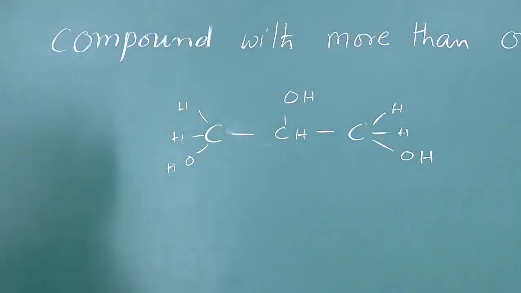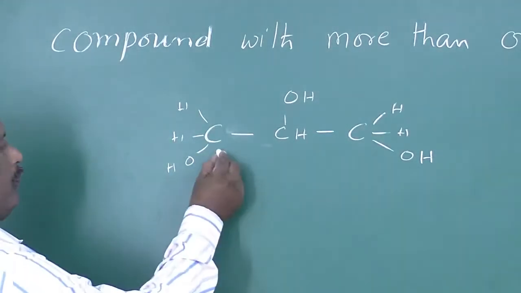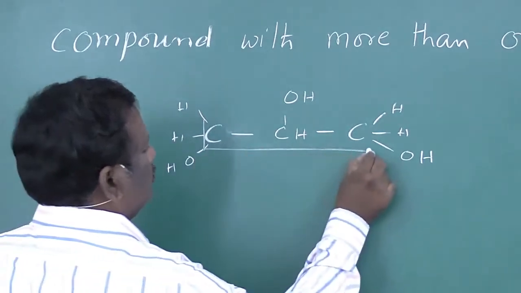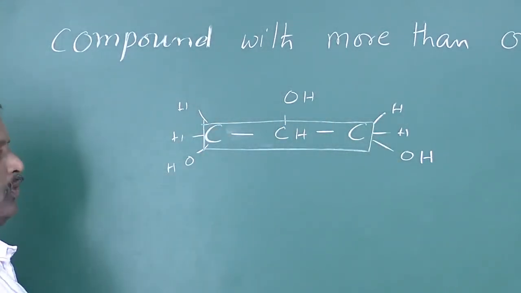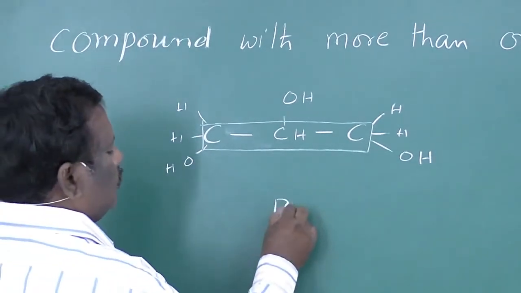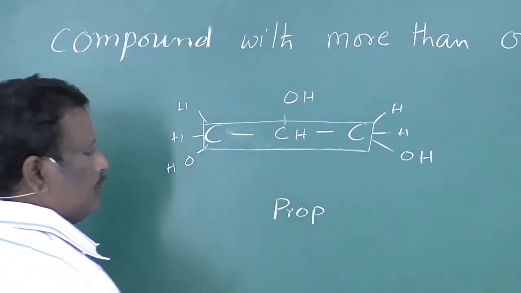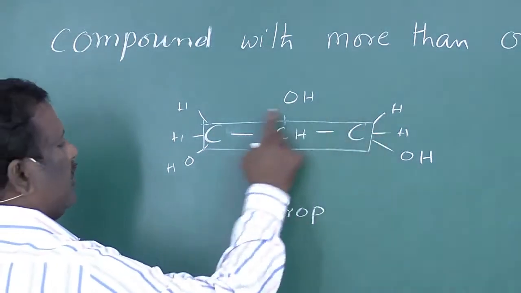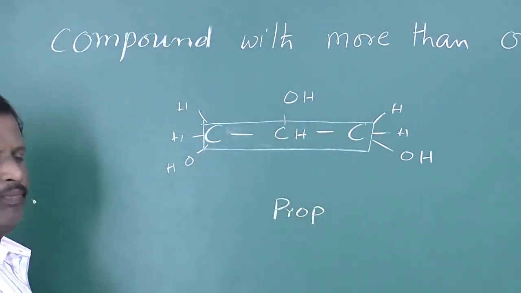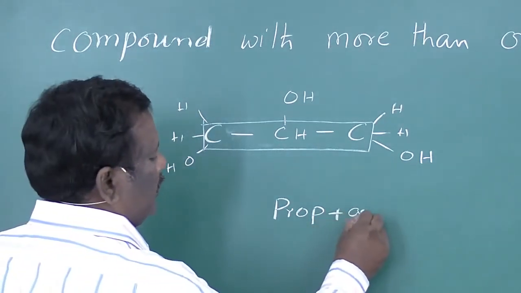If you observe this compound, here we have 3 carbon atoms, so we can take it as a chain containing 3 carbon atoms. So, the root word is prop, and all are involved in sp3 hybridization because all are having single bonds, no double bond is there. So, propane.